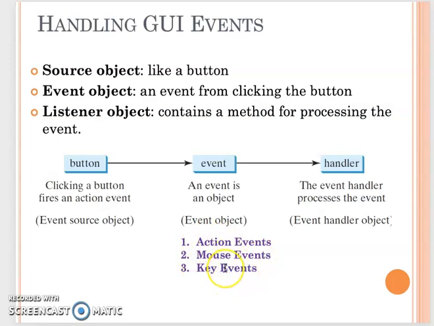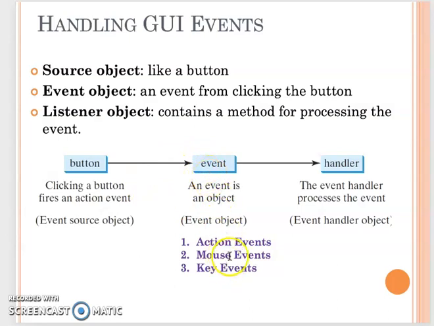These three types of events we will talk about this week. The first one, we just use the action event, for example. The action event means you have a specific source object, like the button or text field, and once the event is launched, we create the event object.